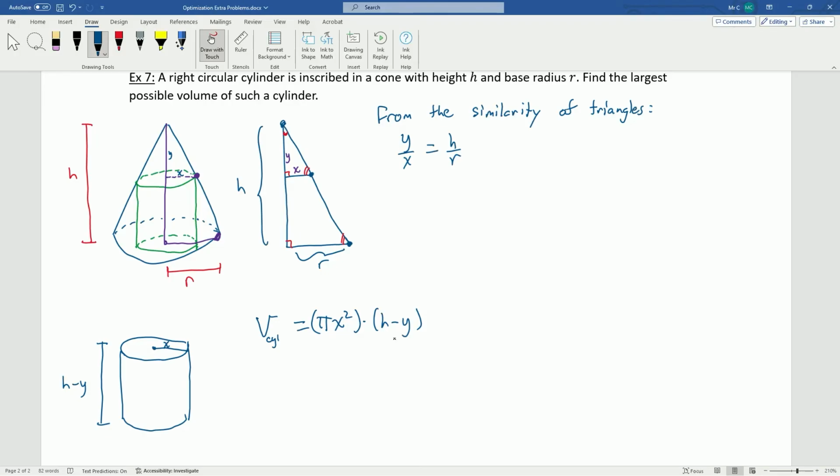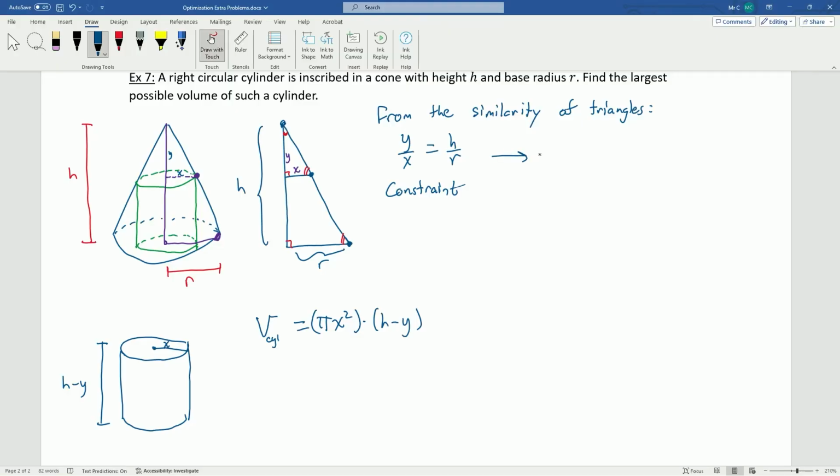Now, h is a fixed value, so I don't need to worry about replacing that. I only have to worry about getting rid of any variables, any things that change value, which is y and x. So I need to reduce this to one variable. If I go back to my similarity of triangles equation, this is my constraint. This is what relates my x, y, h, and r values.